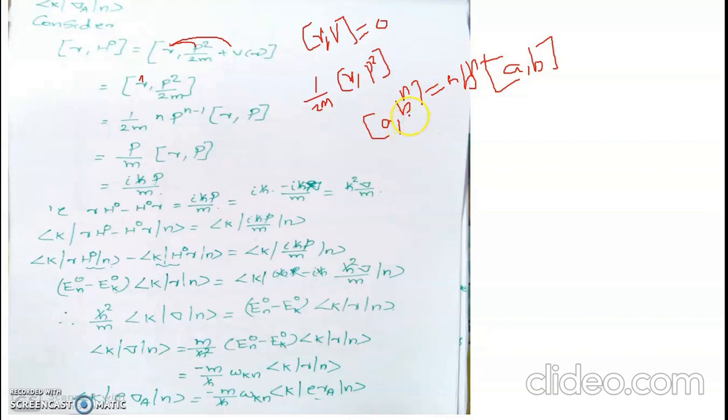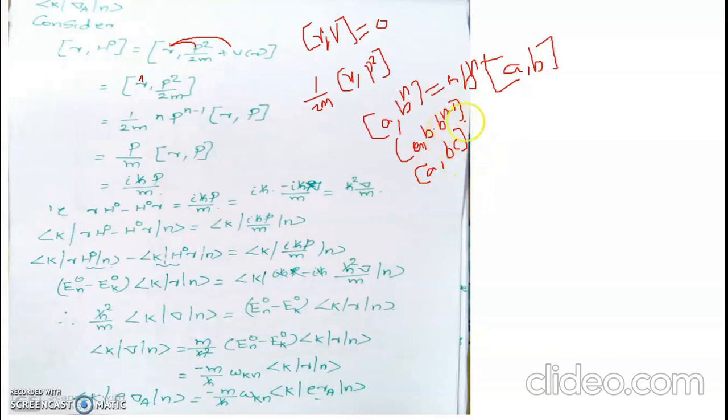To do this, you just have to decompose b raised to n as b into b raised to n minus 1. Now, this is the commutator A, comma b raised to n minus 1. Make use of the standard result that the commutator A, comma bc is equal to commutator AB into C plus B into commutator AC.